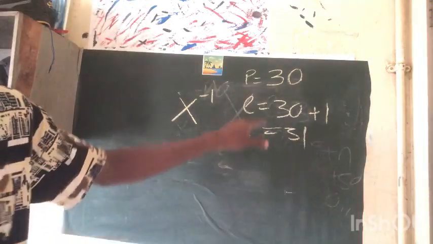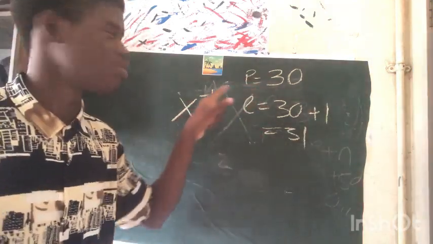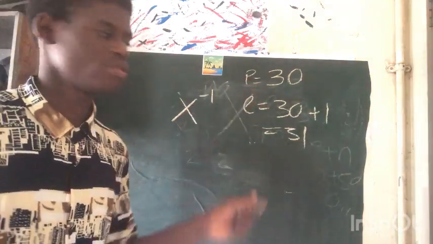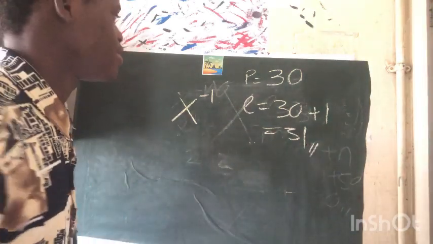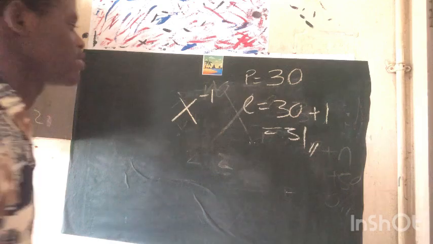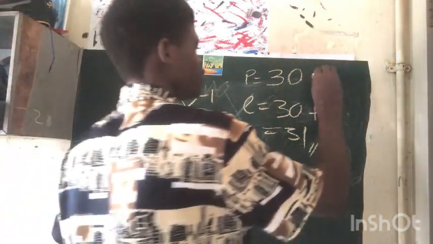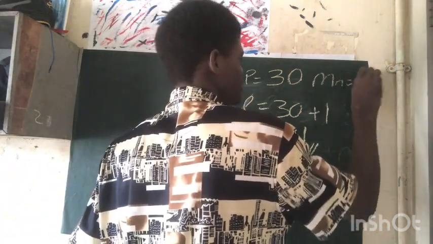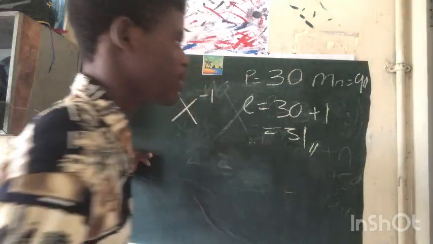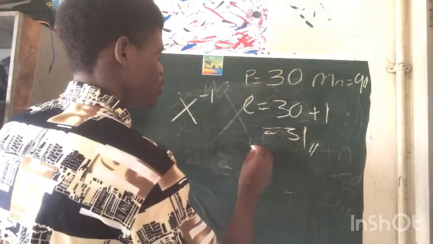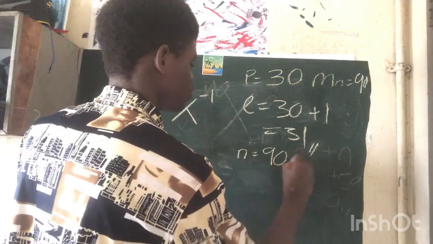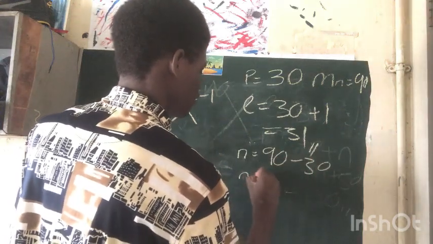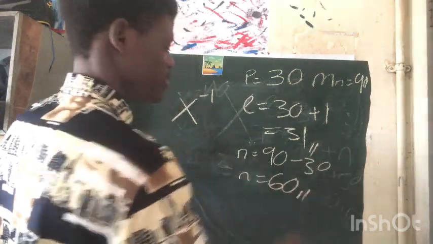Yeah, because the electron has to be more than the proton, because -1 is gaining an electron. So that's 31. If they ask you, let's say they give you the mass number to be 90 and ask you what's the neutron number: neutron does not change. So the neutron number will now be mass number 90 minus proton number 30, and the neutron number will now be 60. And that's just how to solve it.